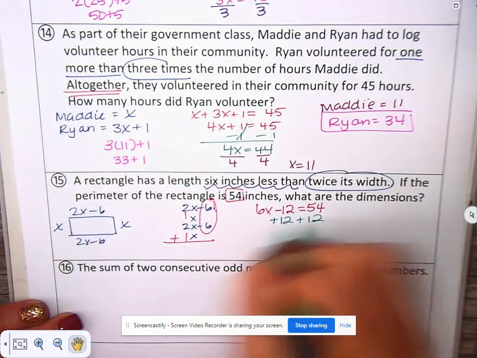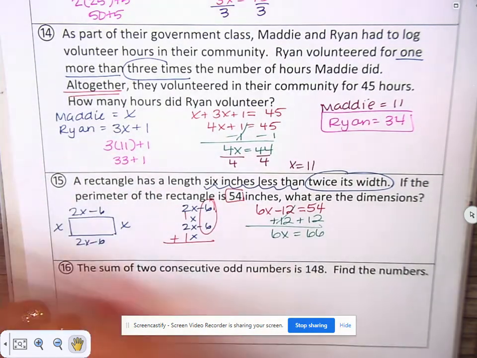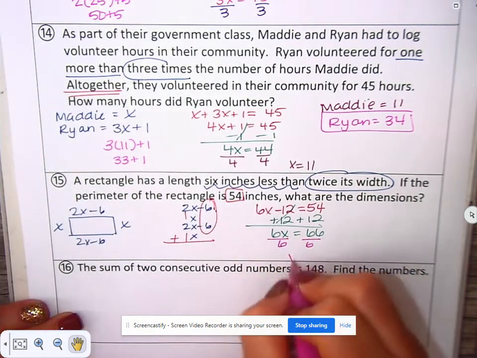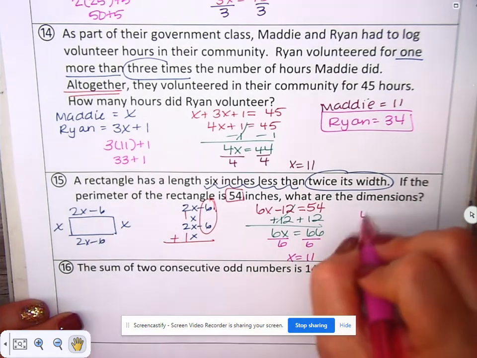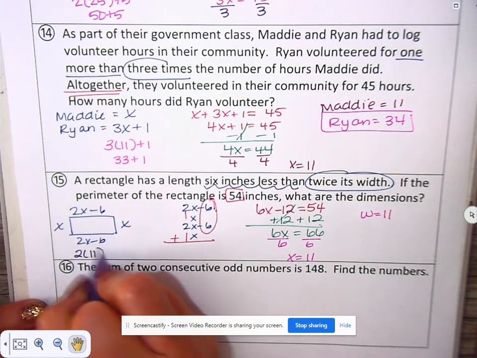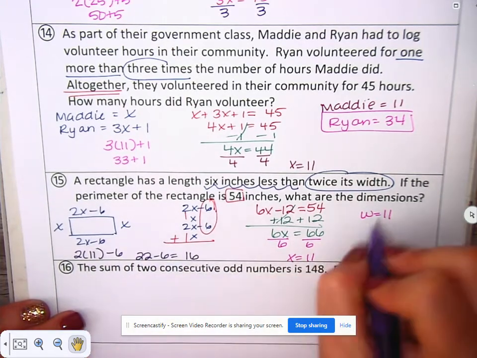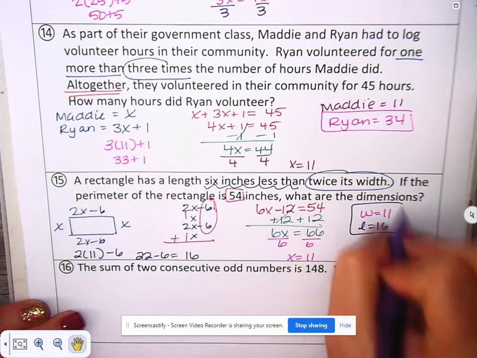Y'all, two-step equations, I told you they are the base of 90% of what we do. Okay, so x is 11, and x is representing our width. And then I need to find my length, so I'm going to do 2 times 11, which is 22, and 22 minus 6 is 16.